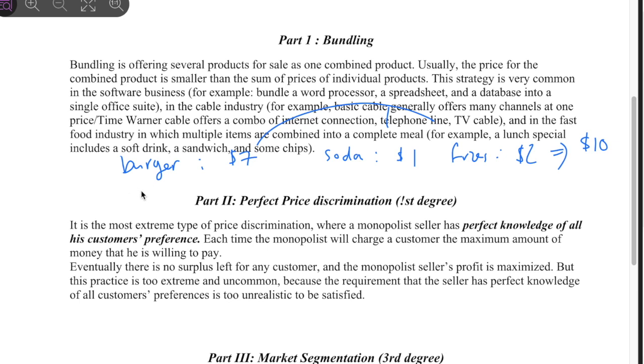But the McDonald's or the Burger King offers, if you do a burger meal, I'm gonna give you the burger, soda, and fries, all of them at $8. So why don't you get it? The advantage for the consumer is also, if you want all three of them, or at least you want more than $8 value, like you want burger and fries, you don't need soda, but it's cheaper than burger and fries individually.